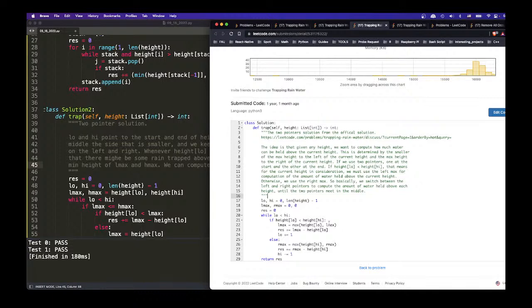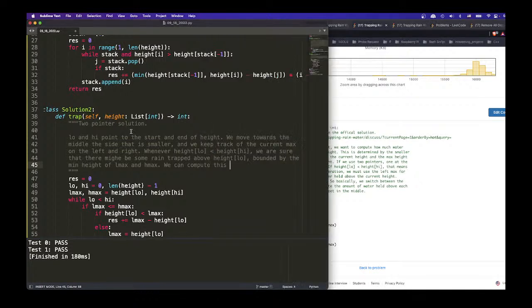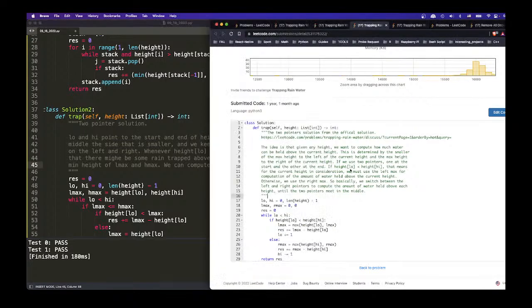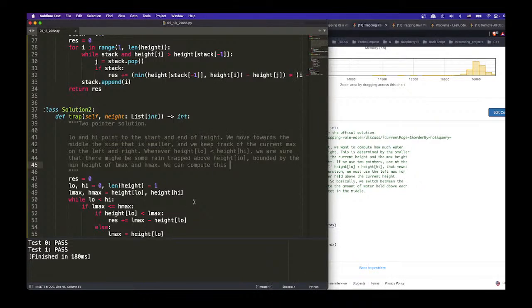If we hit the maximum value, then the low doesn't change. No, the low does change. It's just the maximum value doesn't change. Wait, it doesn't make any sense. The low does change. The R also changes. So we're here. The low is here, so this is bigger. So we do these two, okay? And I keep moving.